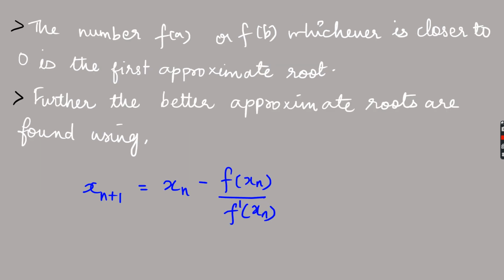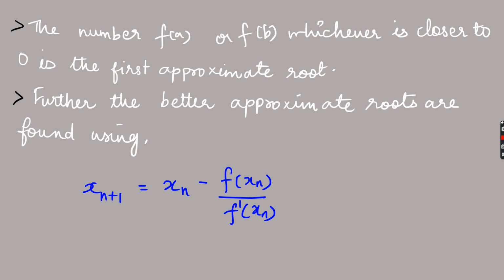So the next step: you have found f of a and f of b, where one will be positive and one will be negative. Now you have to see which is closer to 0. If the positive value is closer to 0, then that would be the first approximate root.